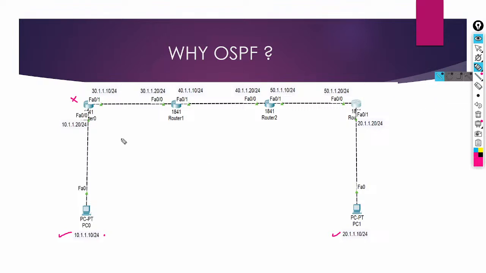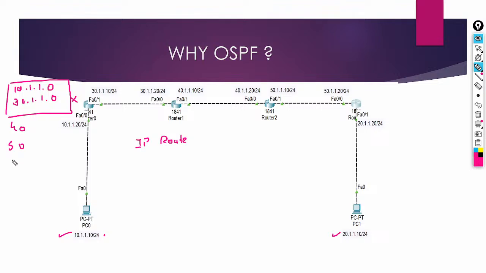For a static route, the simple configuration is that you give the ip route command and add the destination networks that are not present in its routing table. For example, on router 0, we only have 10.1.1.0 and 30.1.1.0. Other than that, the 40 network, 50 network, and 20 network are not present in its routing table. So we need to manually add them to each and every router.